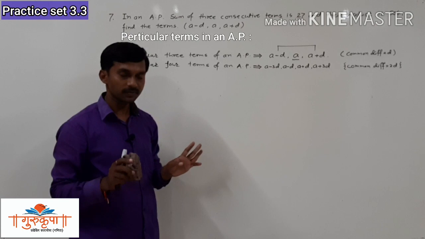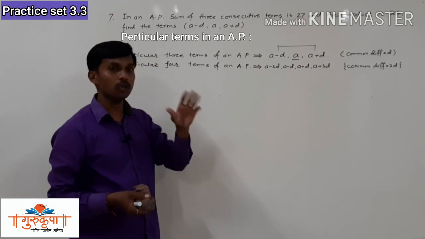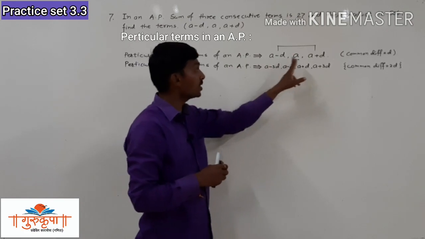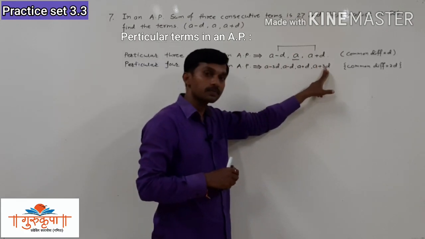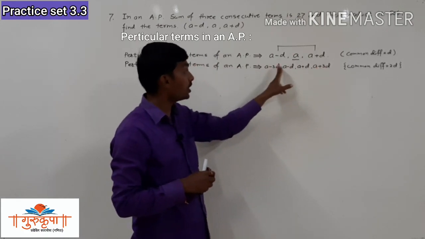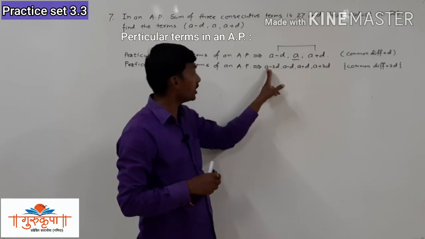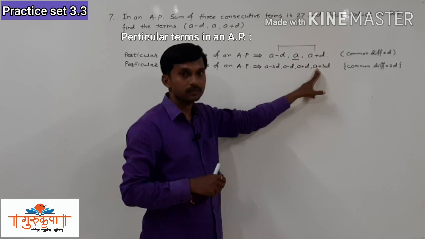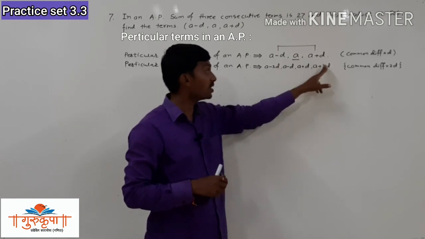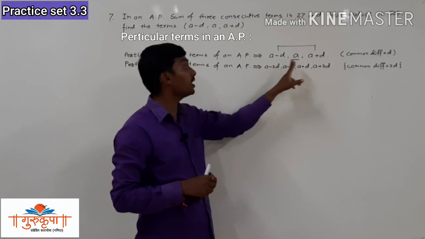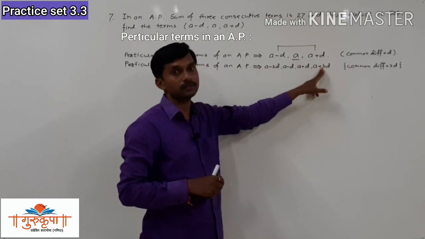Otherwise we have one more option. The first term is a minus 3d, the second term is a plus 3d. Here we have minus, here we have plus. The terms are the same, a and 3d, just the difference is that here we have a minus sign and here we have a plus sign.